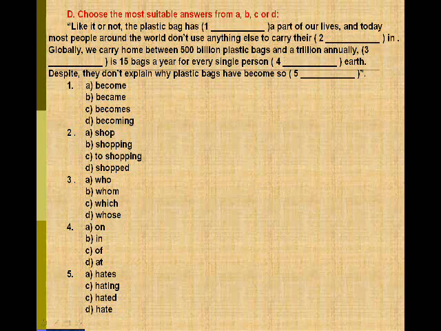I think this is a bit new for you. It says choose the most suitable answers from A, B, C or D. In here, I think, is the new type where we have a very small paragraph, and this paragraph has spaces in it, where you have to fill them in, and each space has a number.